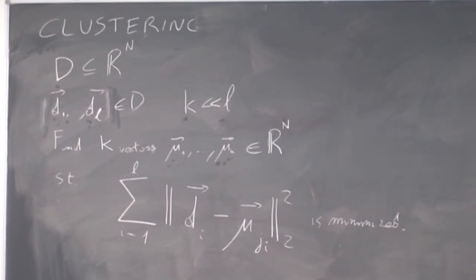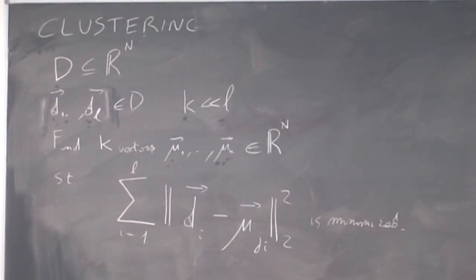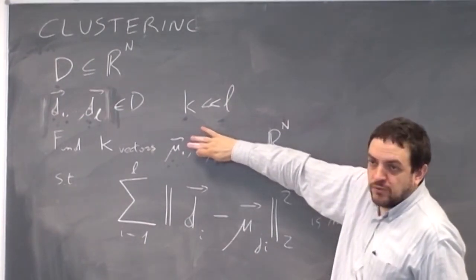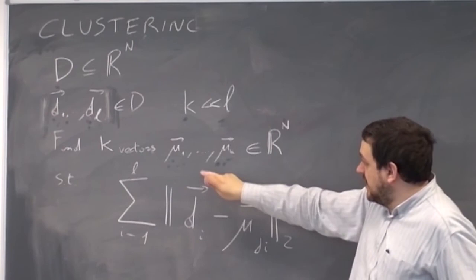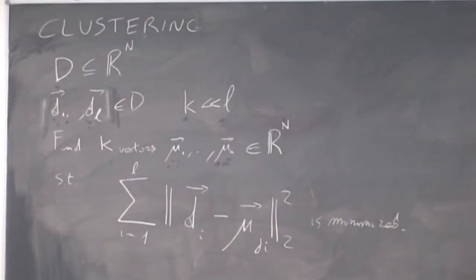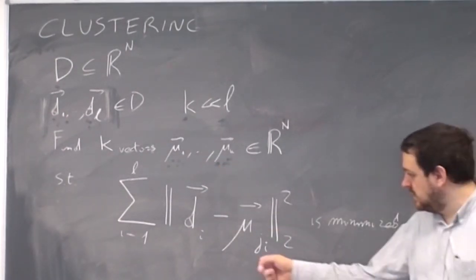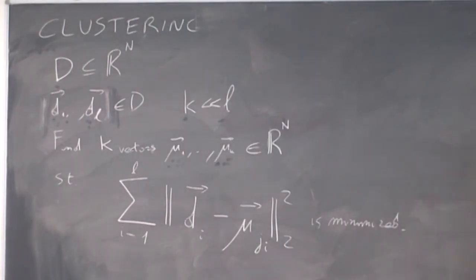If you want, this is a generalization of the previous definition. Before, I only wanted to find one vector that best represented all elements. Now, I want k different vectors, so that if I replace every document with the closest of these k vectors, I still minimize this.